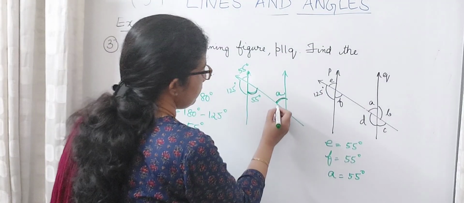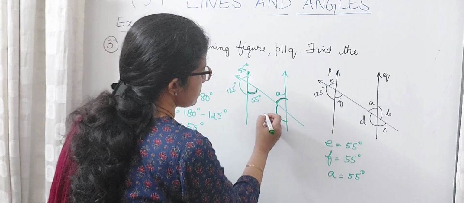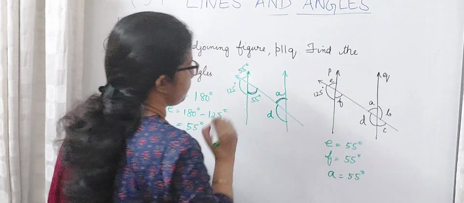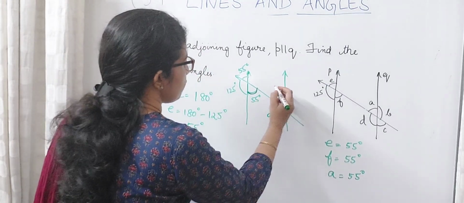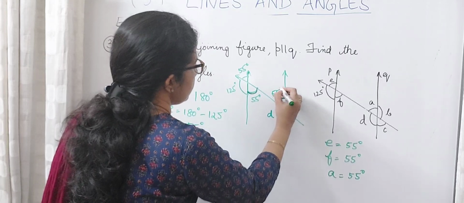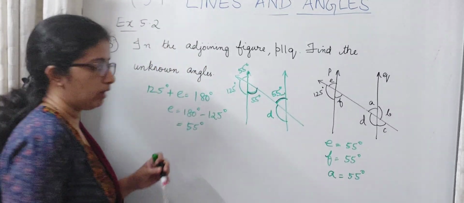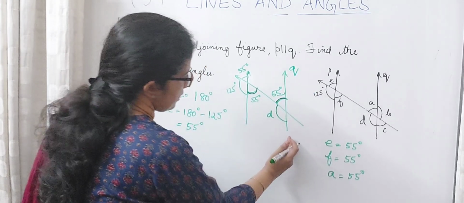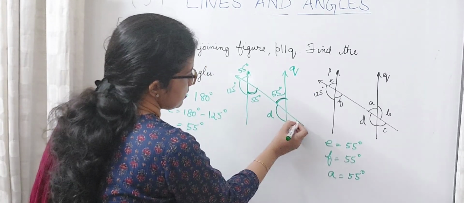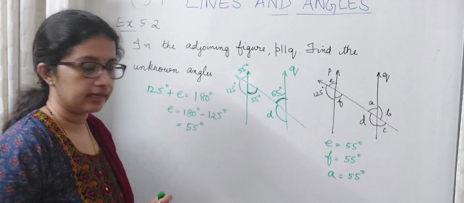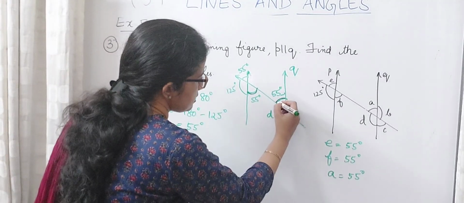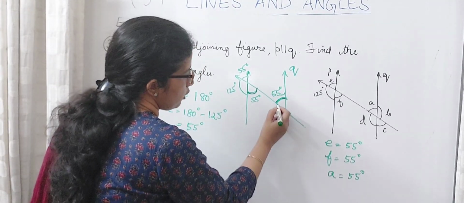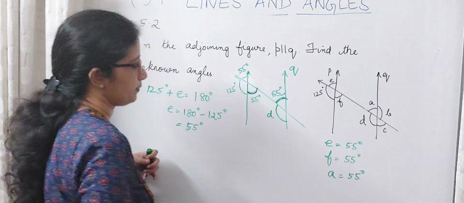Now what we have to find? We have to find this angle, this is D. This we have already found as 55 degrees. Now consider this straight line, that is Q. Q is a straight line cut by this line. If this is 55 degrees, what is this angle?